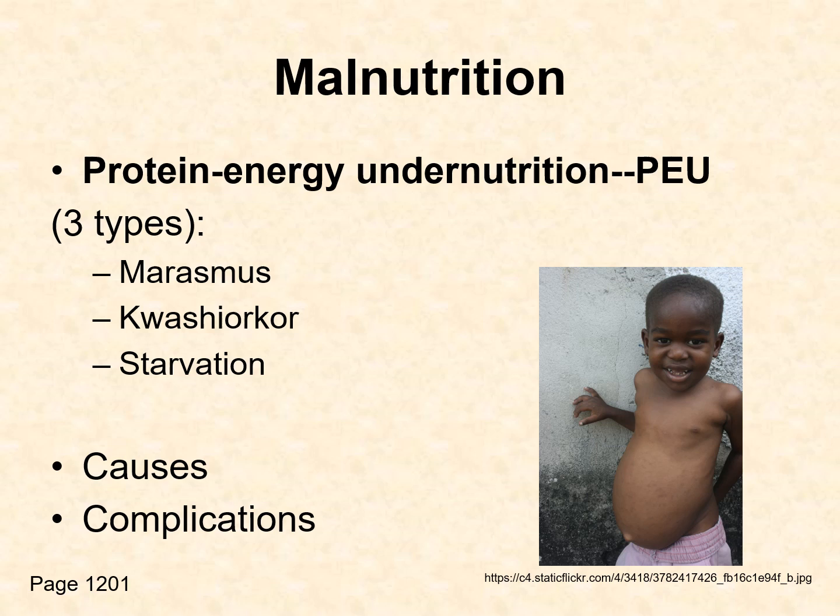So just remember, what are some causes of this malnutrition? That's what I'm trying to get at. We think of people in third world countries who don't have food supplies as starving or having marasmus or kwashiorkor, but that can happen to anyone who remains possibly undiagnosed, or has cancer or any other type of illness.